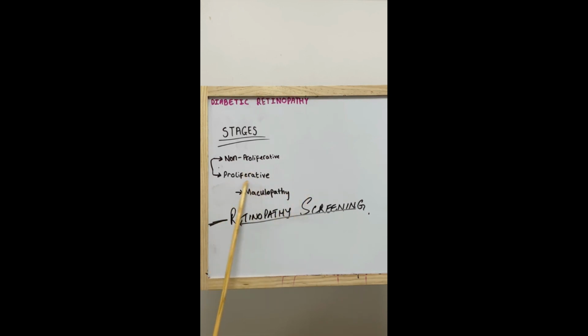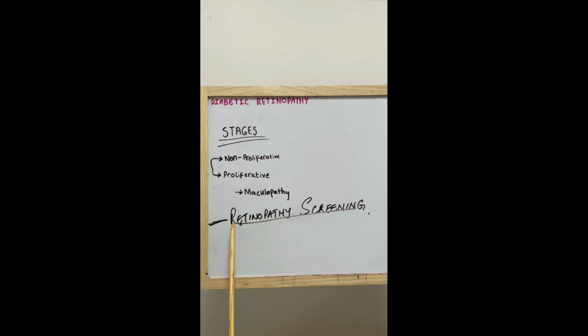The second one is proliferative retinopathy, which is when there is scarring and new blood vessel formation, and these can easily bleed, and this is the one which can lead to vision loss or blindness. Again, maculopathy means that the part of the retina at the back of the eye, which is responsible for the central vision and for our fine detail of the images, is affected.